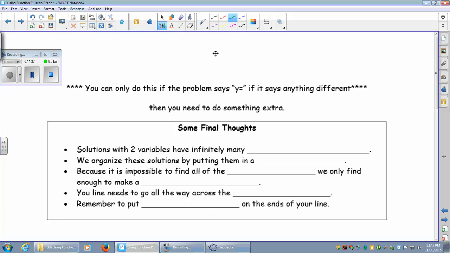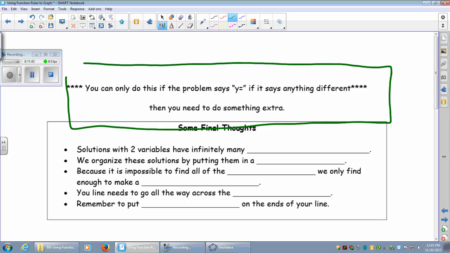The big thing that I need to tell you about this is you can only do this if it says y equals. If it says something other than y equals, that's going to be something that we tackle in later notes. All right, so equations with 2 variables have infinitely many solutions, or infinitely many answers.